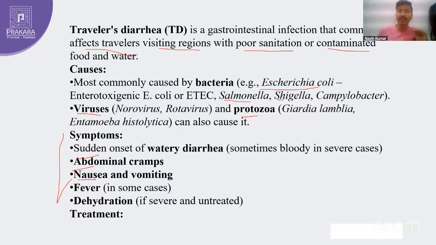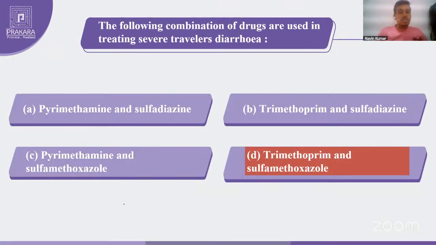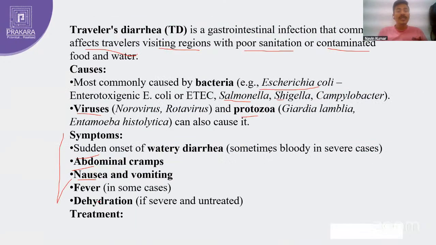In most cases, this diarrhea can be treated with normal medications or by taking the correct balance of electrolytes. But if the case becomes severe, then we give a combination of trimethoprim and sulfamethoxazole. So option D is the correct option.